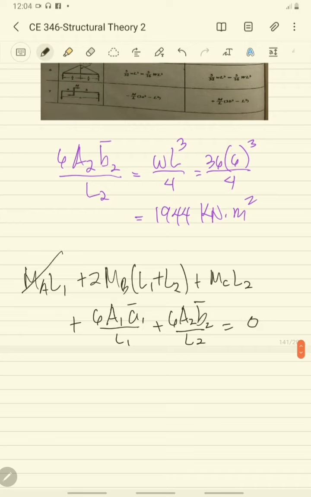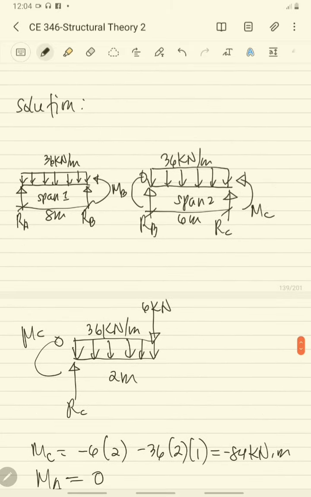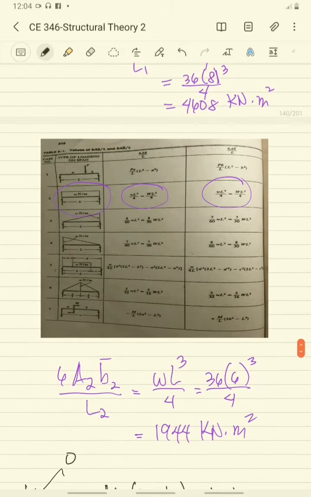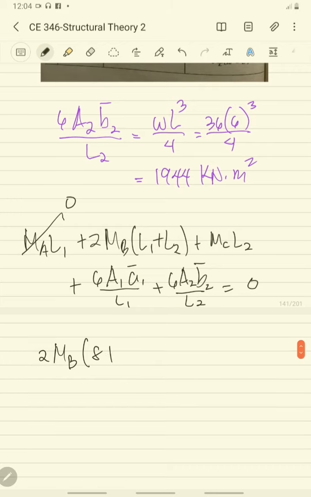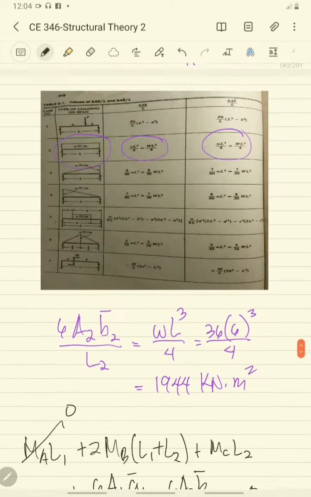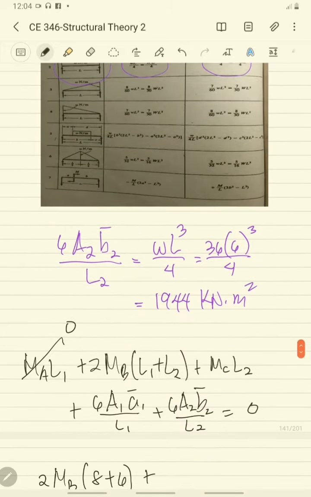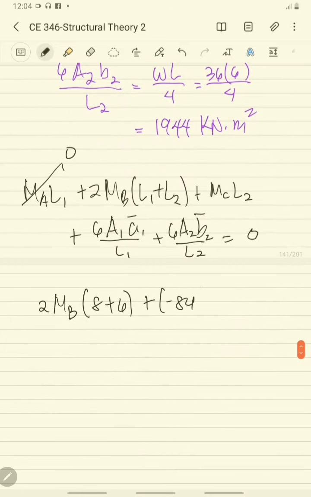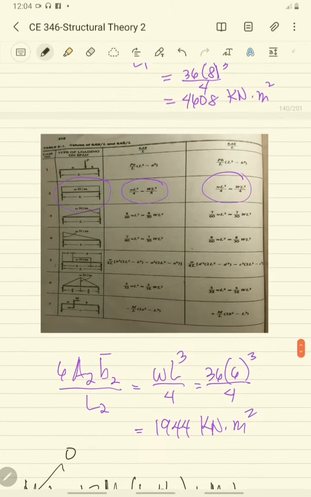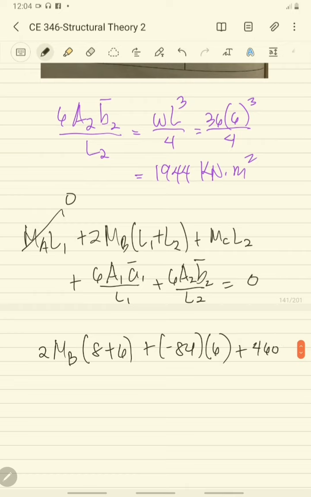So since our moment at A is also equal to 0, what we only have is 2 moment at B times the span 1, you have 8, and span 2, you have 6. So you have 8 plus 6, plus, for the moment at C, you have negative 84 times span 2, you have 6, plus 4608.